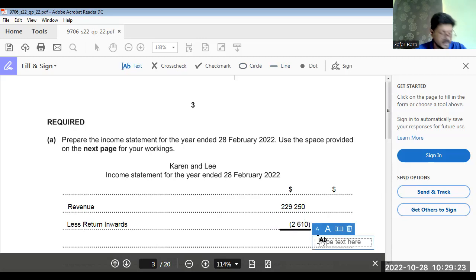So next, revenue or net sales would be 229,250 minus 2,610. The answer is 226,640. This is net revenue, sales, whatever you like.